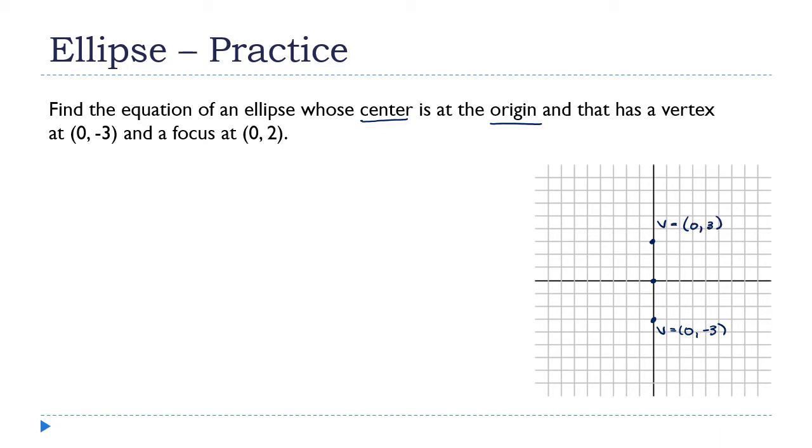And a focus at 0, 2, so that's here. And if it's got a focus at 0, 2, then it must also have one at 0, -2. Excellent. So I can see my ellipse now. It's going this way, so it's going to be an up-down one.